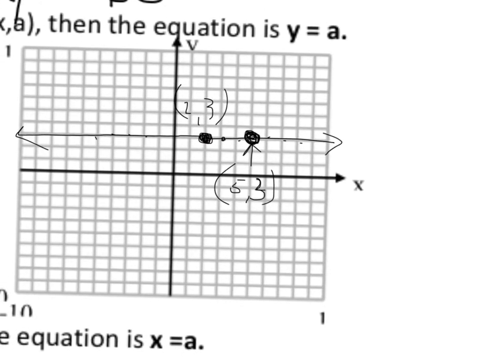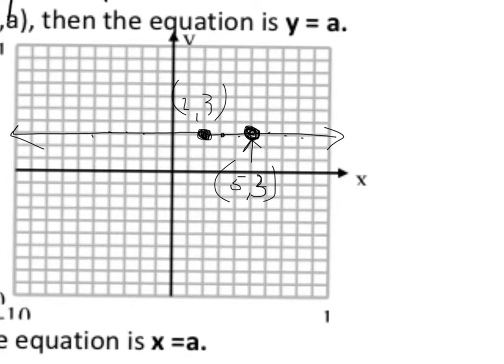Therefore, the slope of the line, m, the rise, which is the numerator, would be 0 because we did not go up or down at all to go from that point to that point. Now, to go to that point, we run 3. We ran 3 to the right. And 0 divided by 3 is simply 0.